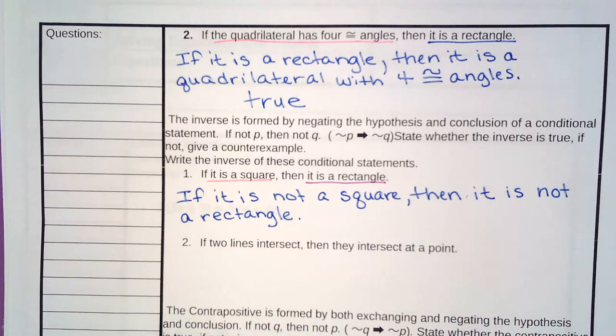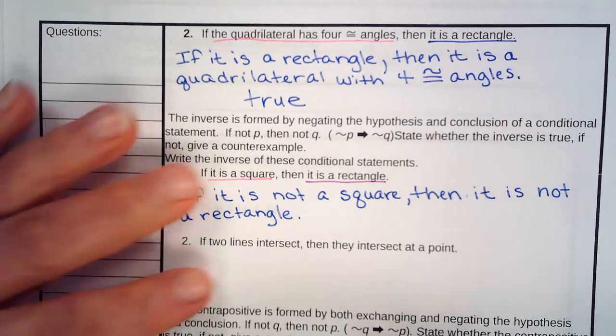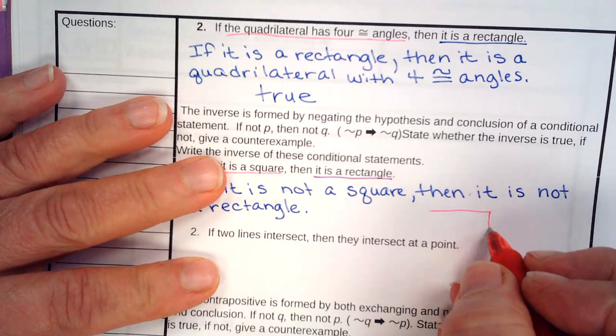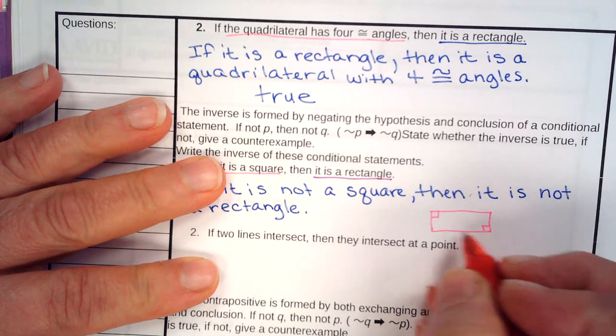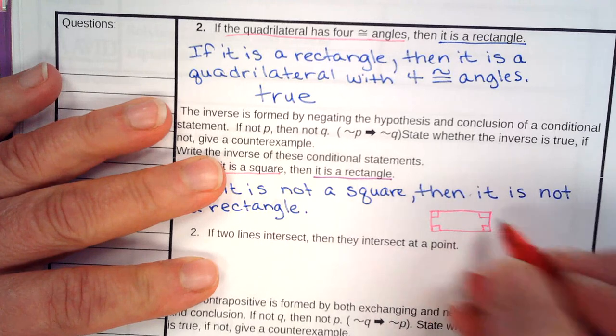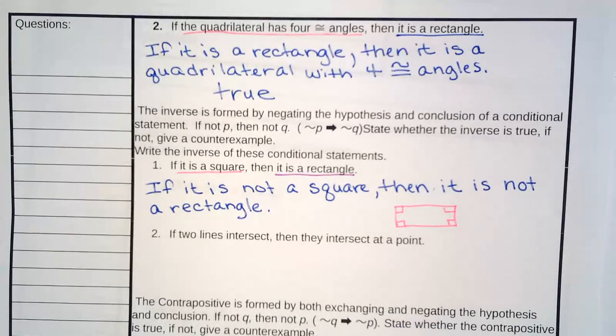True or false? Are squares the only type of rectangle we have? No. And I can do the counterexample. Here is a rectangle, but not a square.